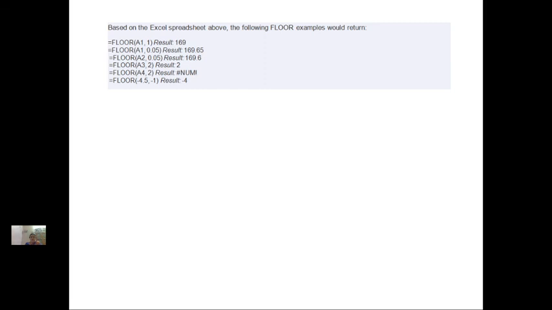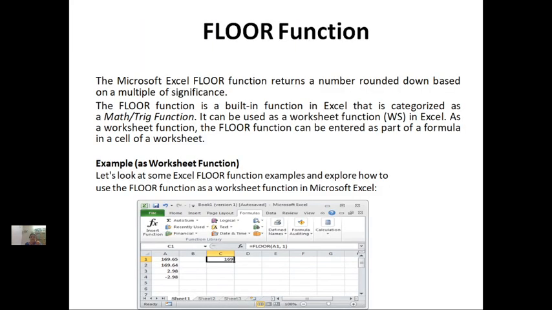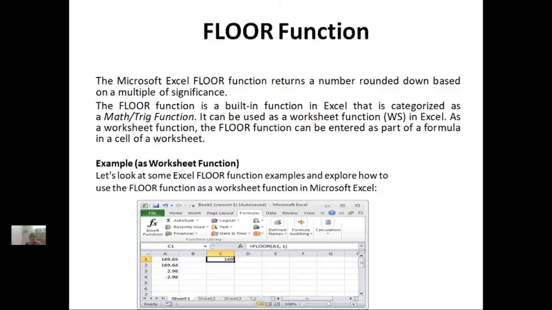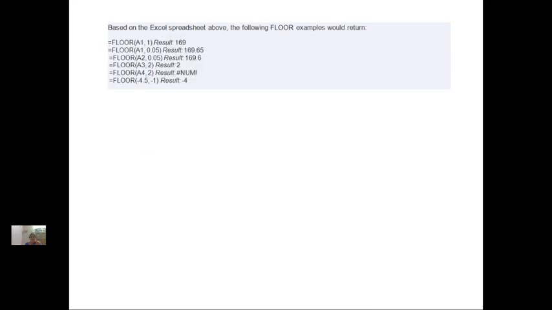FLOOR of A4 comma 2, the value of A4 here is minus 2.98. The result is hash, some error is coming here. Next is FLOOR of minus 4.5 comma minus 1. The result is minus 4.